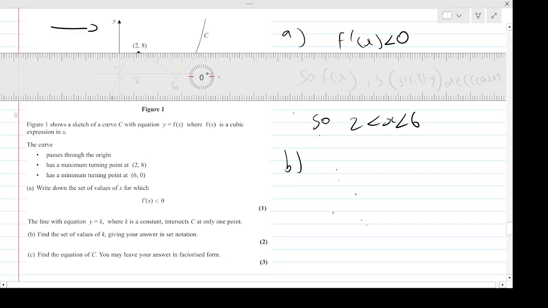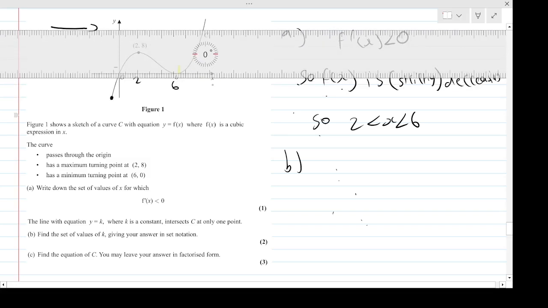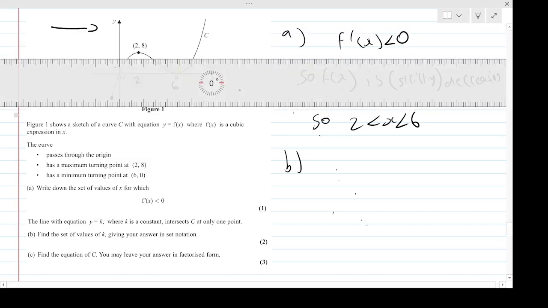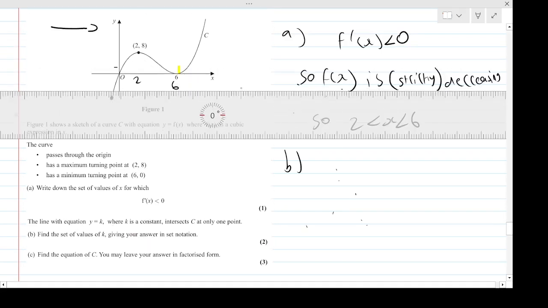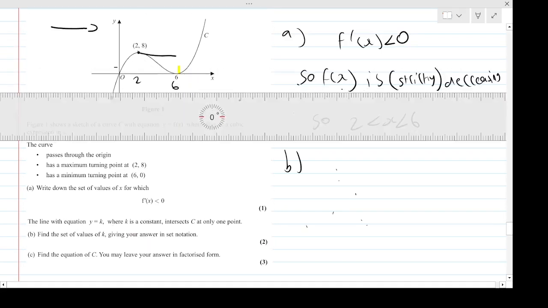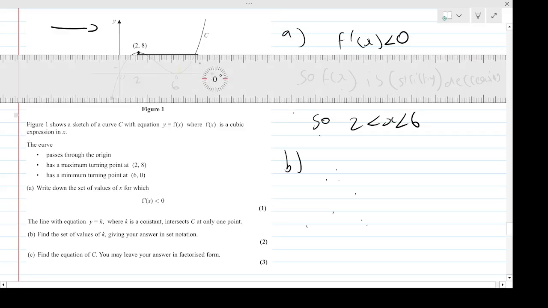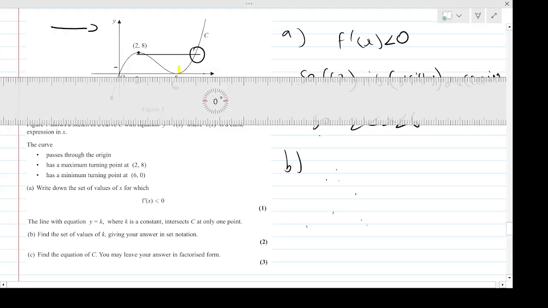So there are two regions then really where my line, which is y is equal to k, has only one intersection. If I draw a straight line there from 2, 8, so that's the point here. Anything beyond the point I've circled there, that's only one intersection.